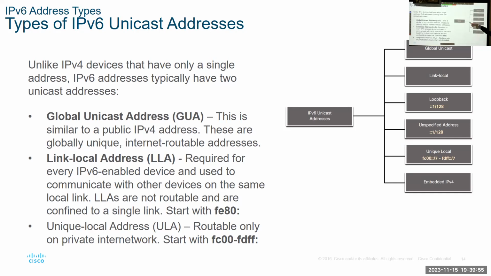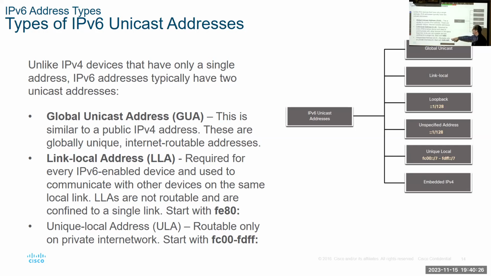They can't be routed across that router interface, and they're not meant to. So every device that's got IPv6 enabled will assign itself an FE80 address. It's usually like FE80::, and then the last 64 bits will be the interface address, which for the most part looks a lot like the MAC address, at least on some devices.